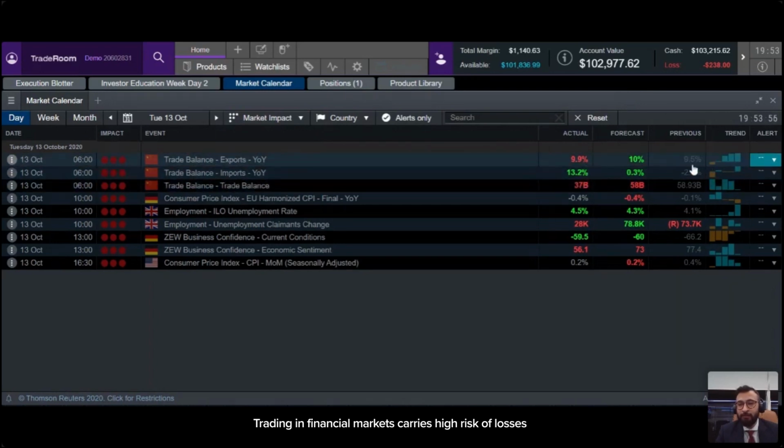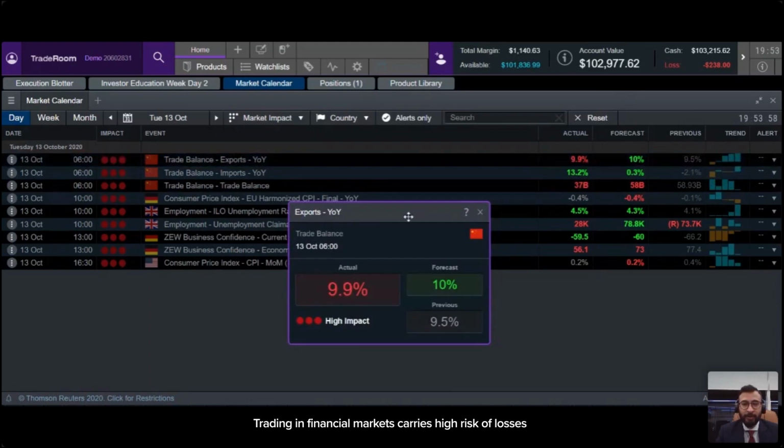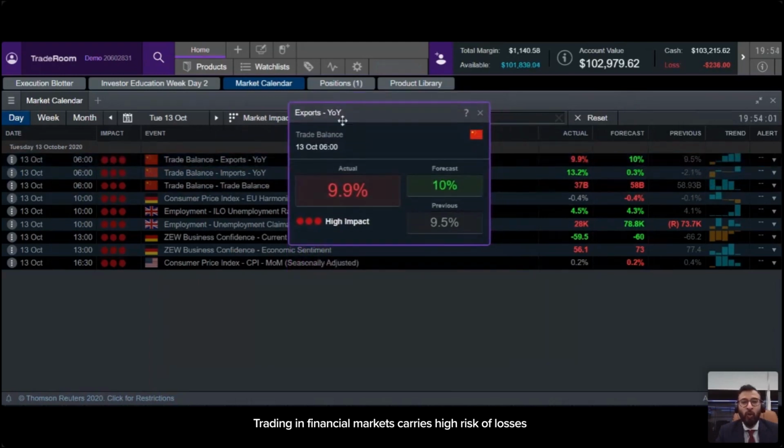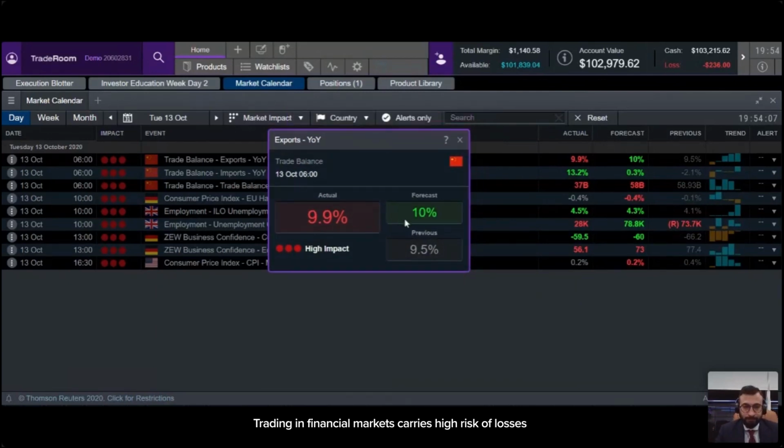So if you see here, how do you interpret this data? Exports YOY, which means year on year. If you see exports, previously it was 9.5%. There was a forecast of 10%, but the actual number came 9.9%.